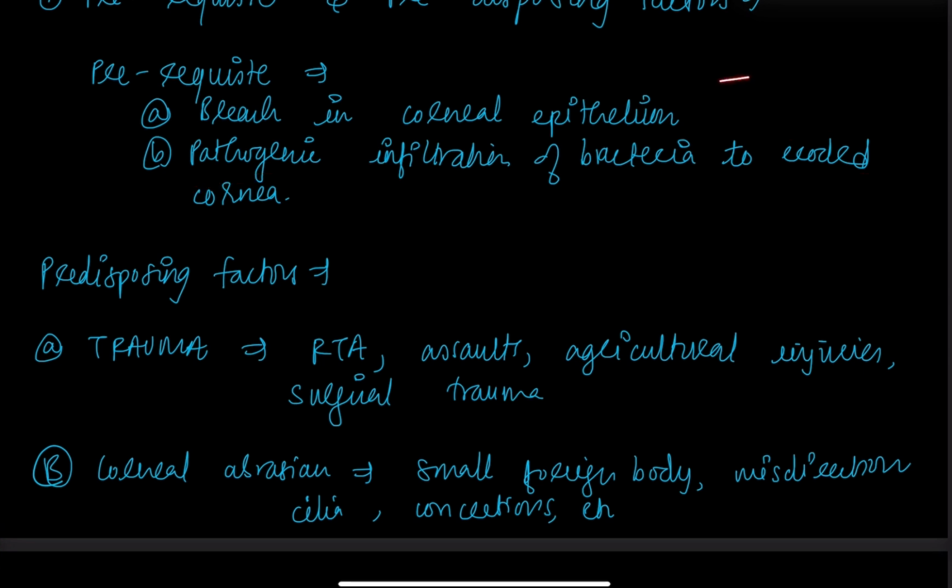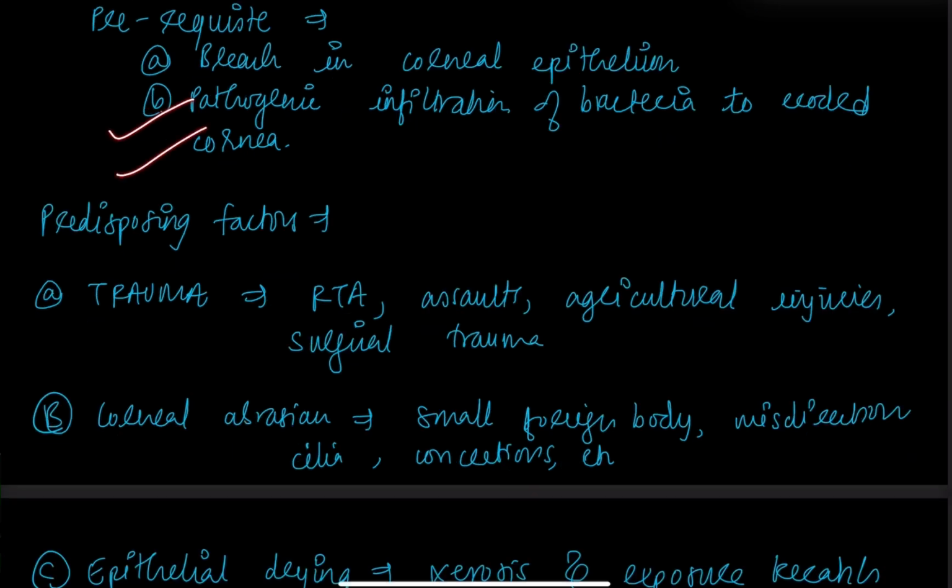If this is the cornea, we know there is a breach in continuity, but the organism should go to that point. The pathogenic infiltration of the bacteria should be there in that eroded cornea. These are the two prerequisites.